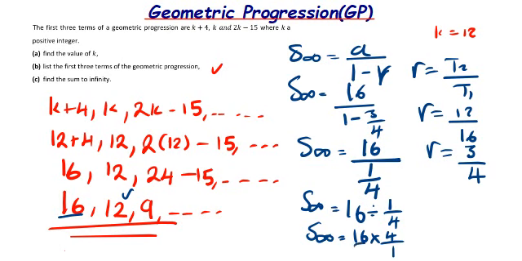So this is the same as over 1, and this will be equal to 16 multiplied by 4, that is 64. So 64 over 1, multiplied by 1, is 1. So this is the same as 64. That is your answer for the sum to infinity. Very easy and straightforward.